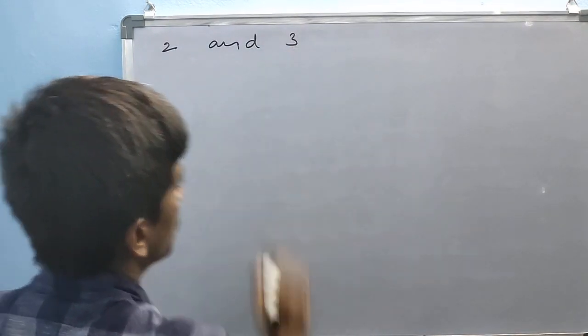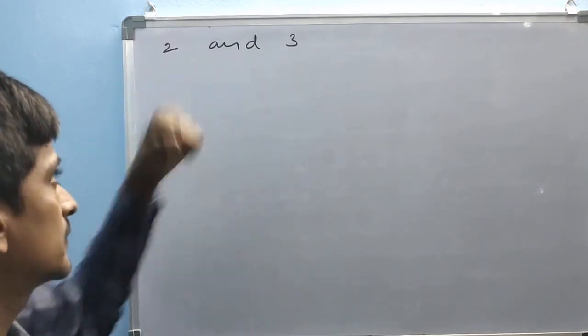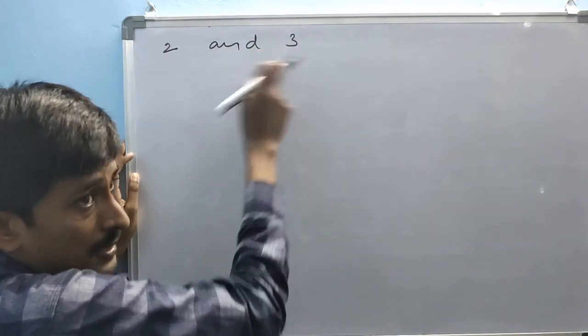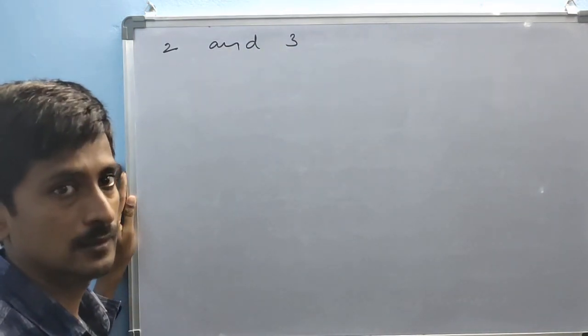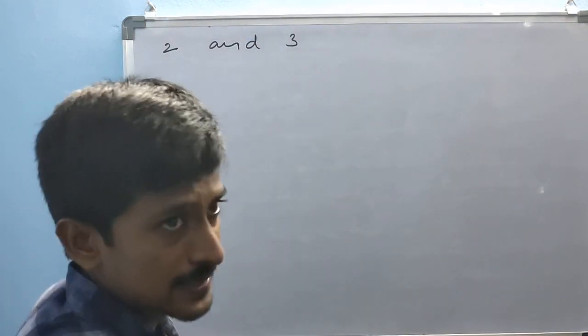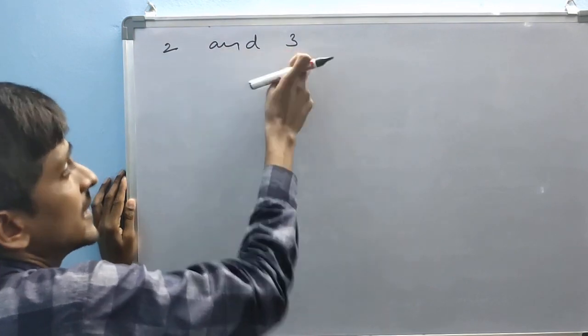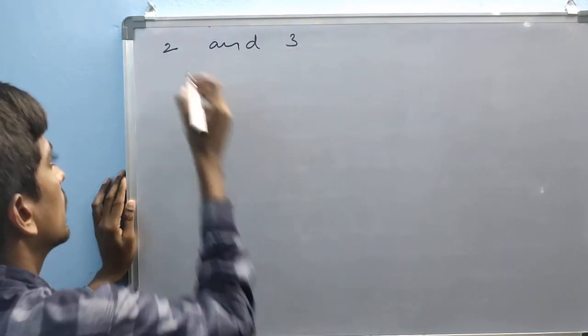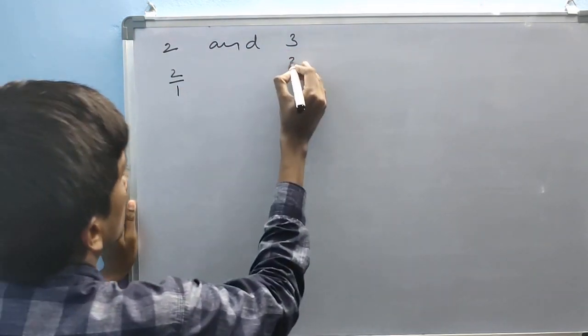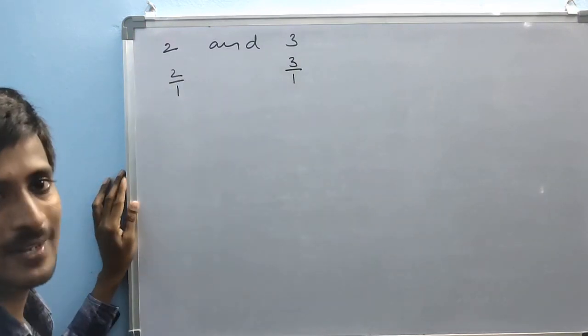Take two and three. These two numbers are rational numbers. How many rational numbers are there between them? 2 by 1 and 3 by 1 are the two rational numbers.